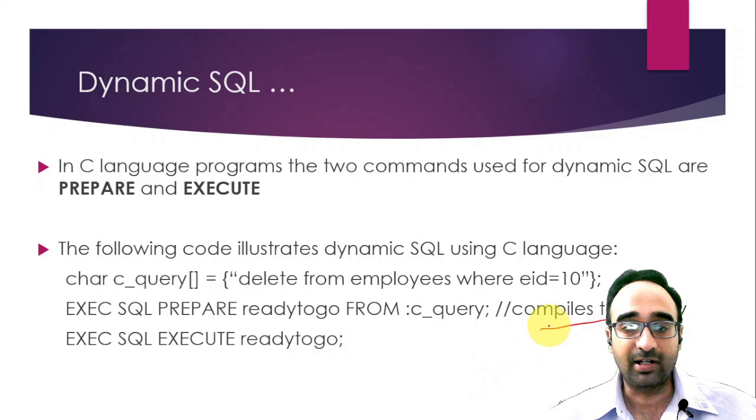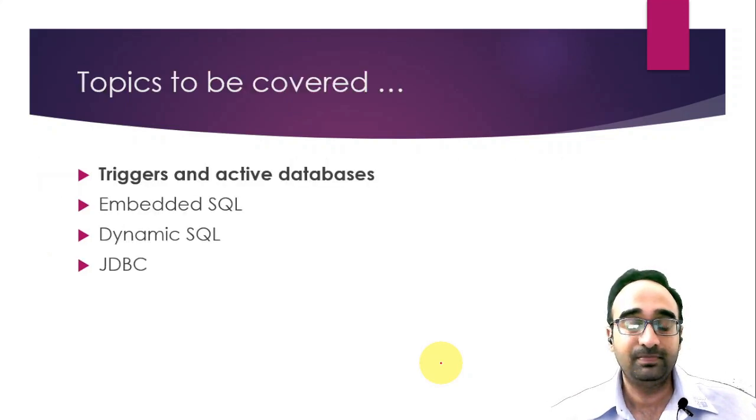After compiling, the result is used in the next line, which is the execute line. You have to write EXEC SQL EXECUTE with whatever name you gave here. That's all, simple. So this is dynamic SQL.